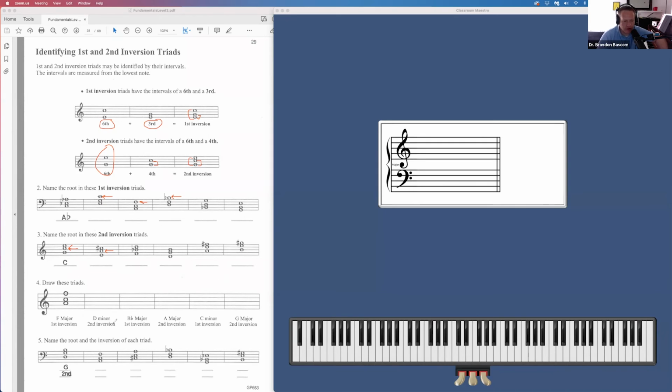Part 4, we're drawing out triads that they've given us. And part 5, we're naming the root of the key and whether or not we're in first or second inversion. And that is page 29.